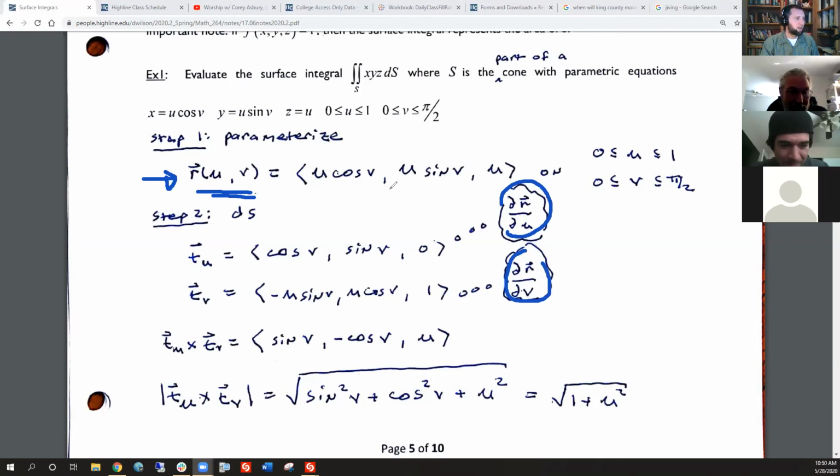All this would tell you that dS, and this is big S, would be square root of 1 plus u squared du dv.